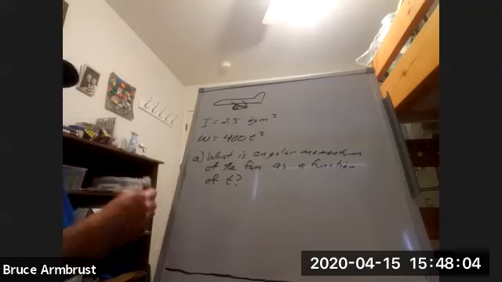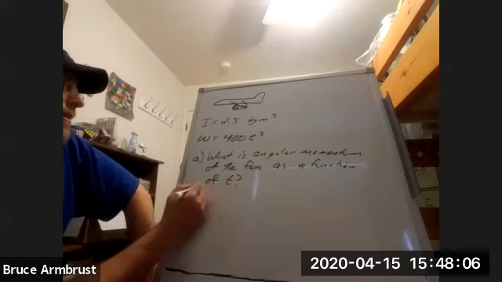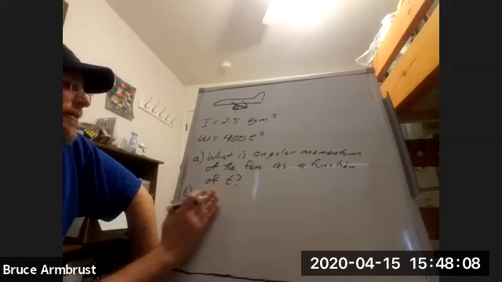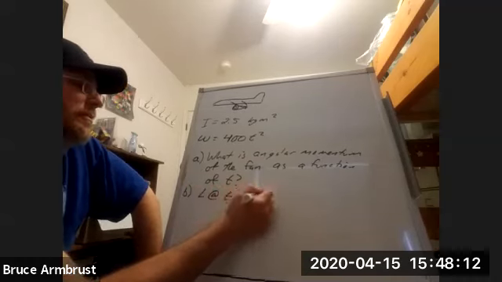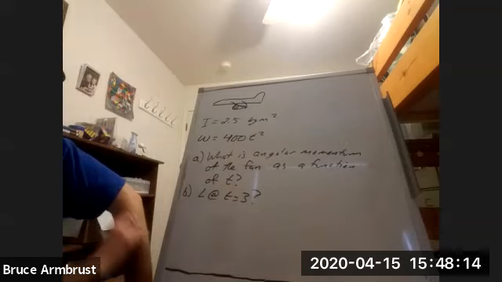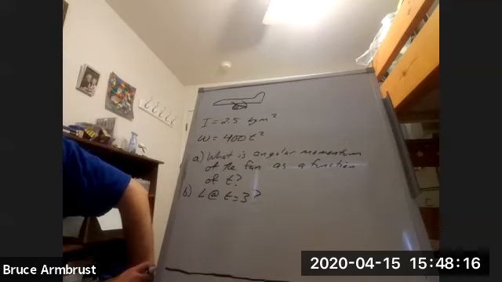And then after that, let's look at what L is at a specific time. So we'll do, what is L when t is equal to 3? So at 3 seconds, what's its angular momentum?